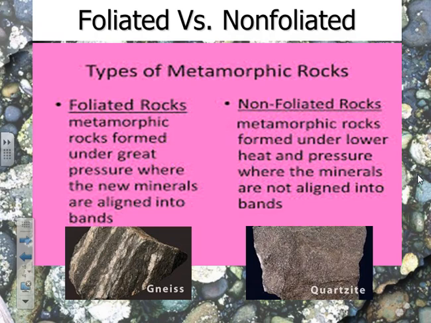And then the non-foliated rock is formed under a lower amount of heat and pressure, so it does not form those bands. And those are words that are just used to describe metamorphic rocks. Foliated versus non-foliated.